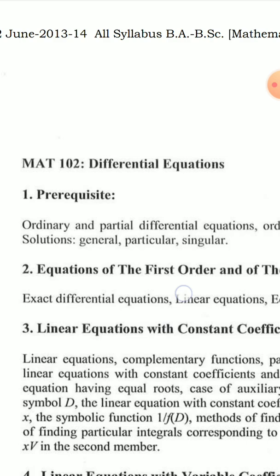In case the function has more than one variable, for example, suppose z is equal to f of x and y. In a particular case, z is equal to x square plus y square. Now, how will z be differentiated in this case?